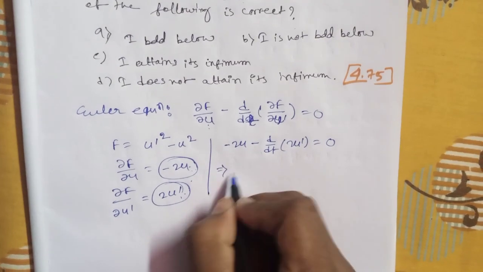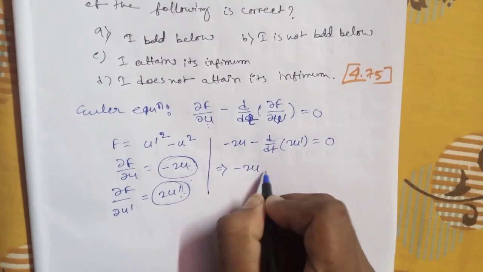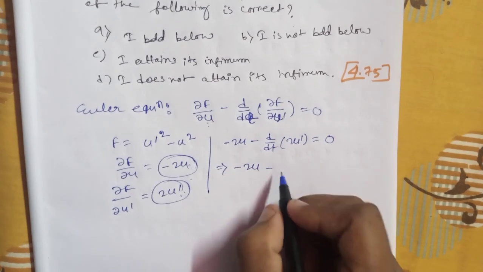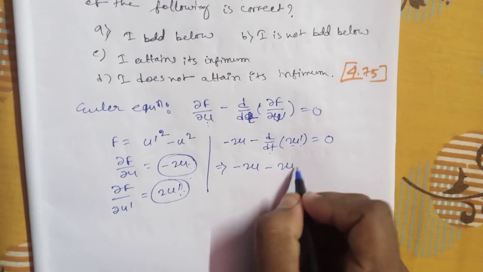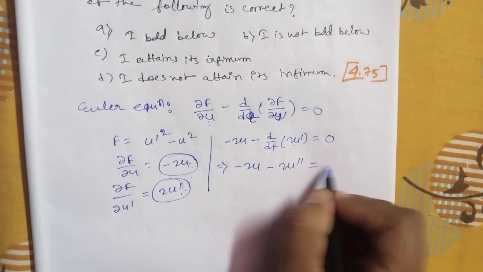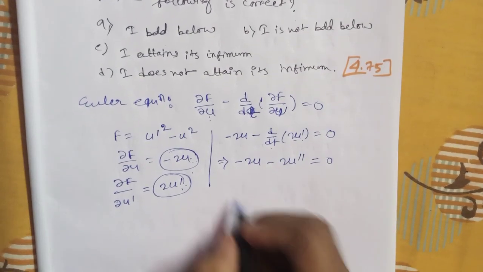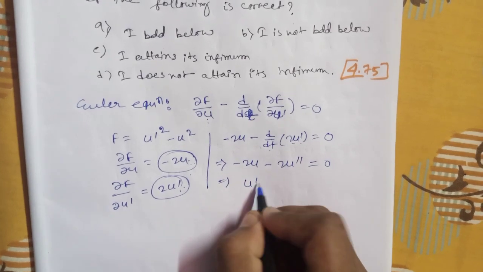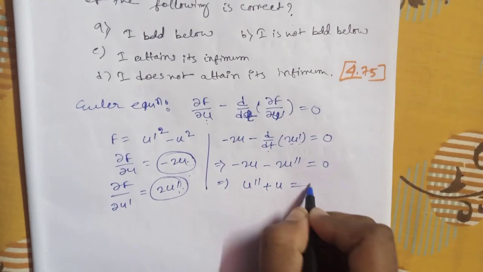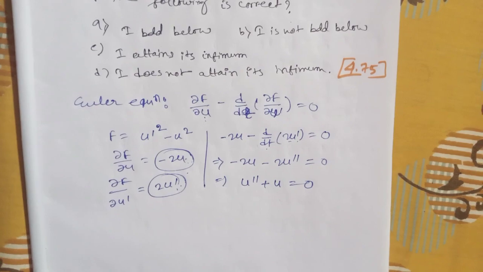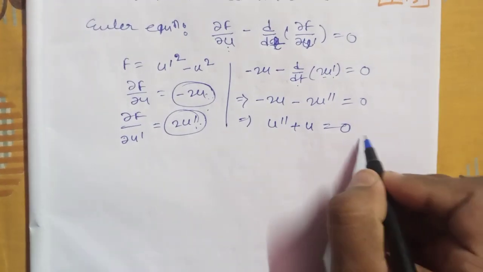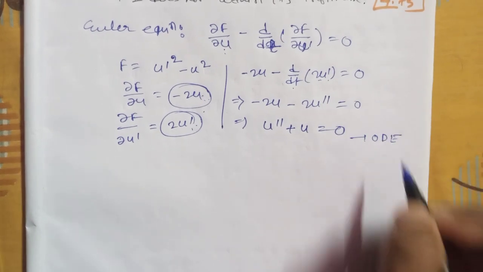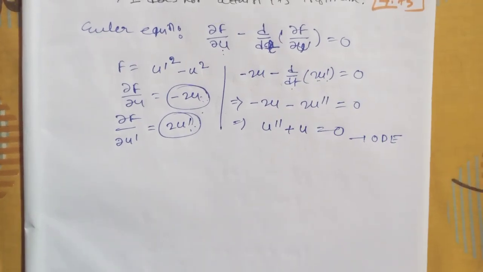So minus 2u minus, what is d/dt of 2u'? This is 2u'' equal to 0. That is u'' plus u equal to 0. Now, it is an ordinary differential equation.